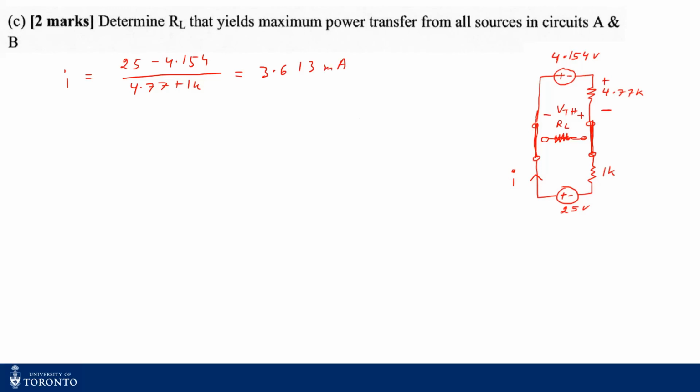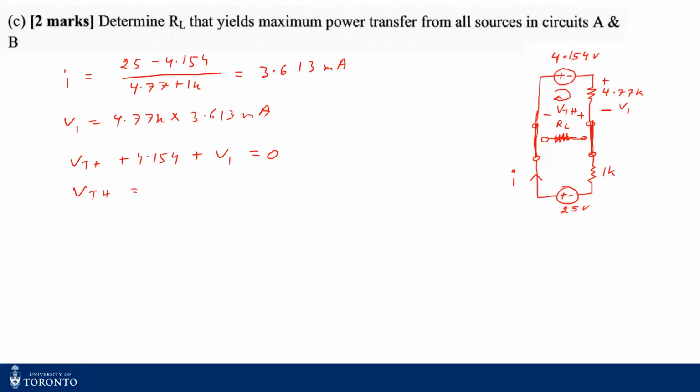Now I have to find the voltage across this 4.77 kilo ohm resistance. I can term this as V1, which is just 4.77k times this 3.613 milliamps. Now, if I apply KVL across this, I can find my VThevenin. My VThevenin plus 4.154 plus V1 equals 0.